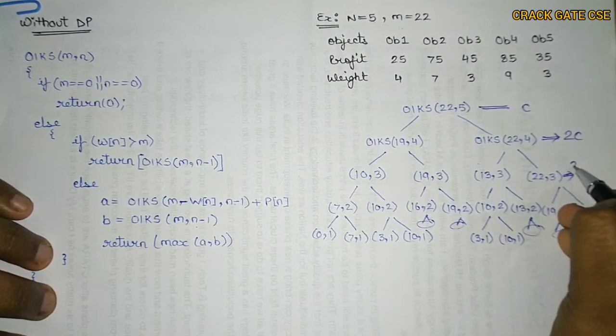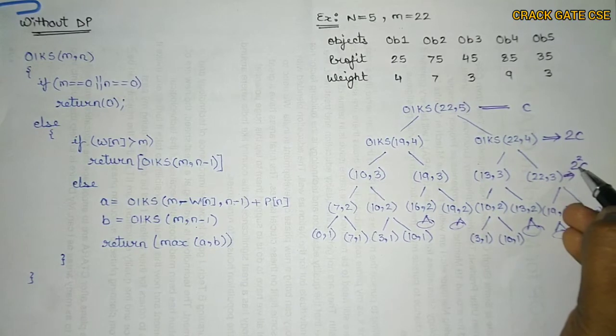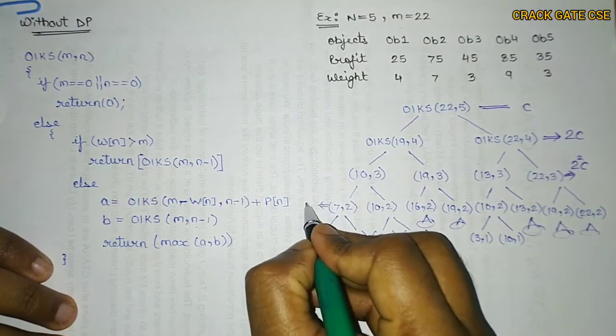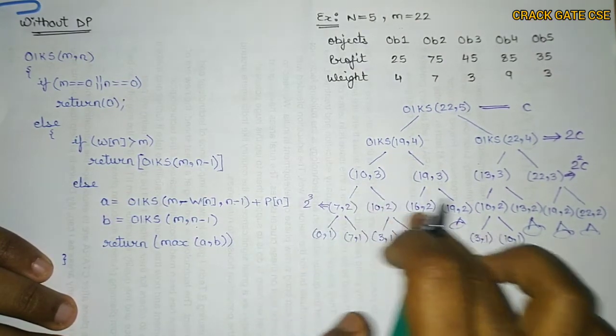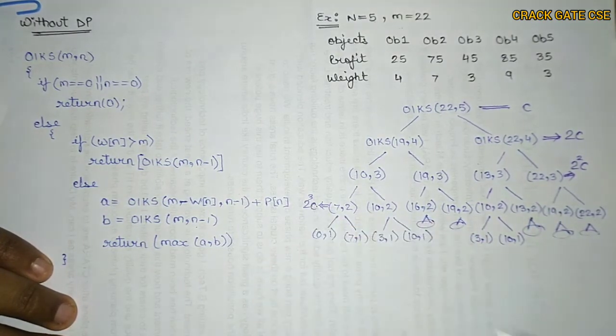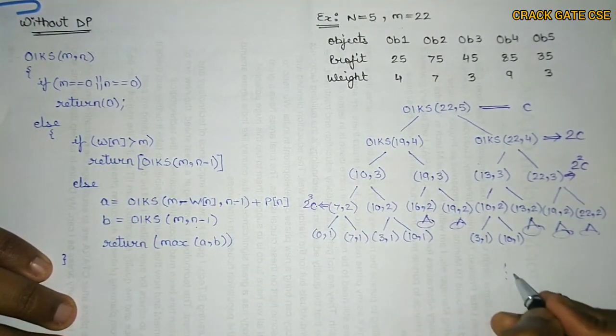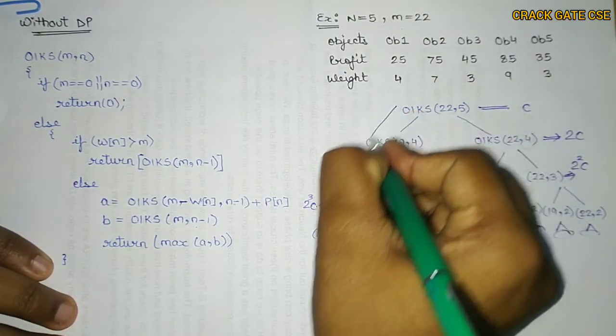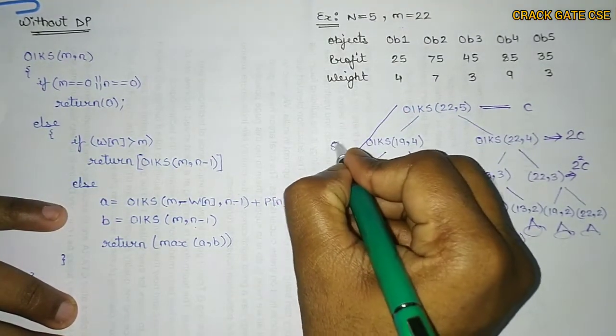So I can write 4 as 2 to the power 2 times c, because all can be solved in constant time. For the 4th level, I can write it as 2 to the power 3, because there are 8. So I can write 8 as 2 to the power 3 times c. Similarly, for this tree, it will go maximum up to 5 levels.